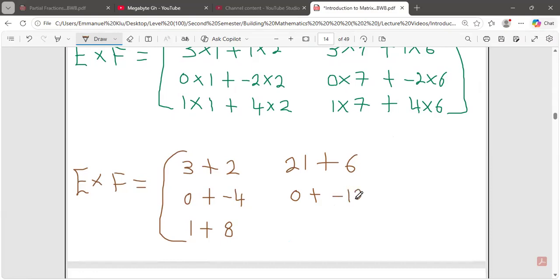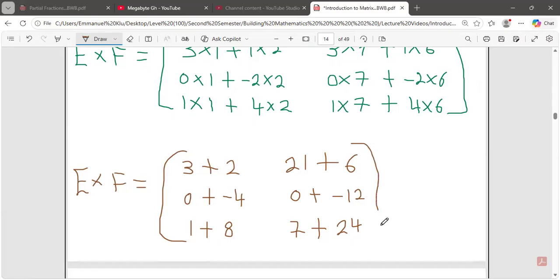You see, as simple as that. And then 1 times 7 is going to give us what? 7. Any number times 1 is still the same number. Plus, let's say 4 times 6. Okay. And the 4 times 6 is just going to give us 24. As simple as ABC. Okay.